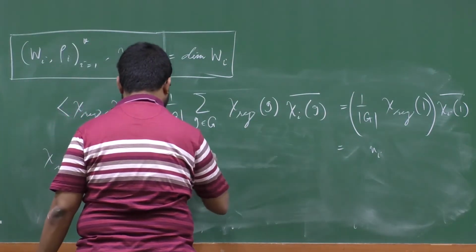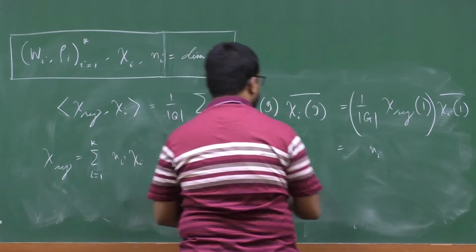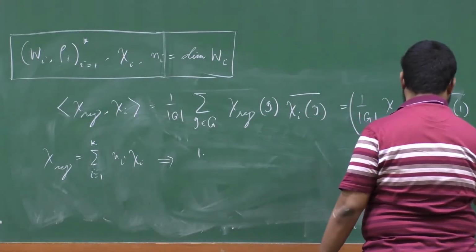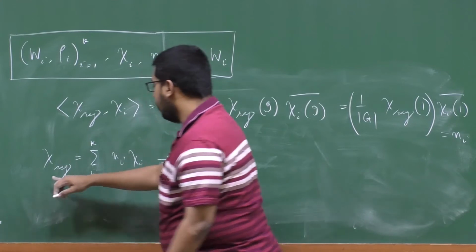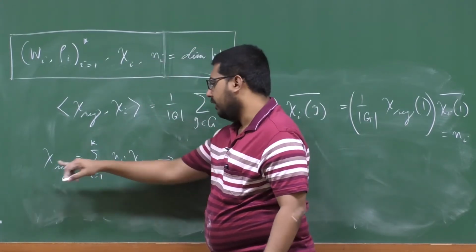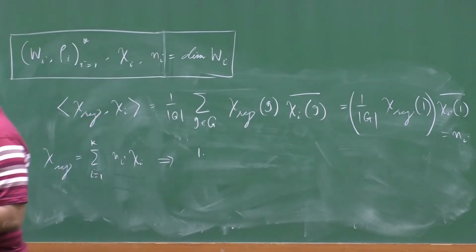And from this we immediately draw two consequences. The first one is the famous, very well known dimension formula. So this character is equal to the sum of this combination of these characters chi I.